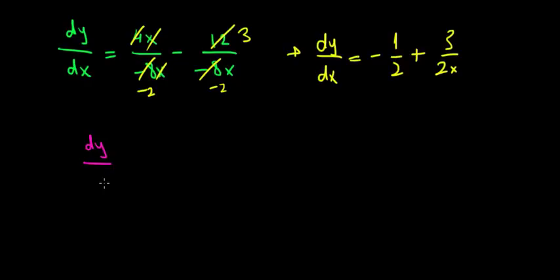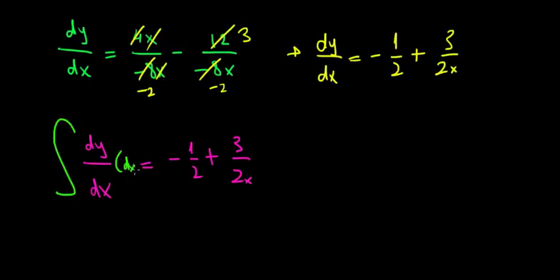So if we have dy divided by dx, and that's equal to minus 1 over 2 plus 3 over 2x. To calculate the integral, we would take the integral of both sides. So we take the integral over here and then apply the dx, and we take the integral on the other side as well and apply the dx.